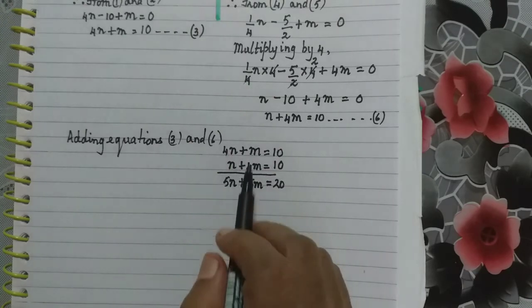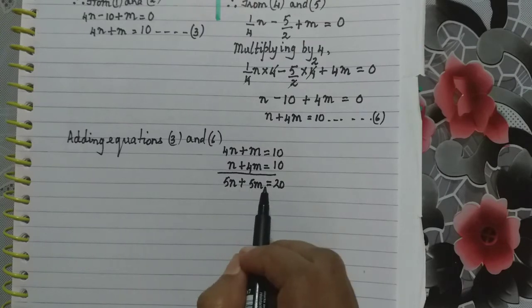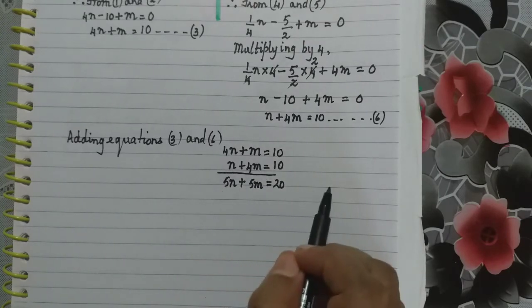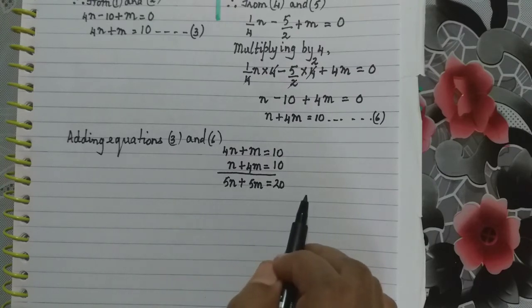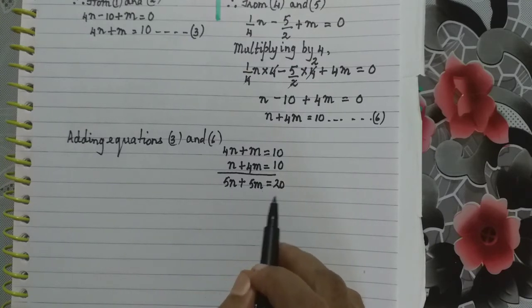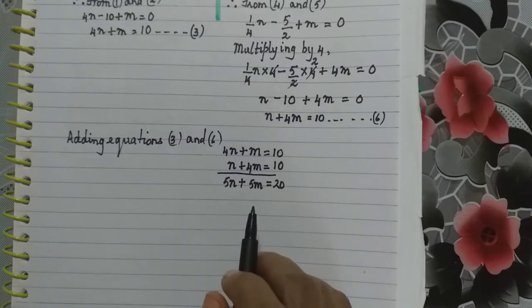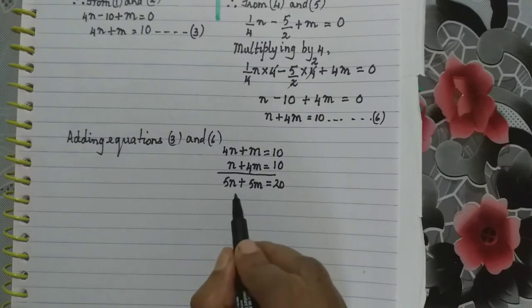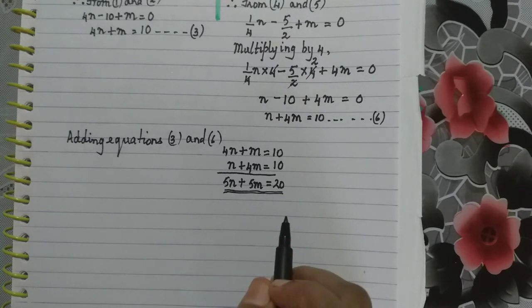Such that I get the coefficients of n and m the same, such that I can divide throughout and get the coefficients of both n and m as 1. See, now if I divide throughout by 5, what happens? This becomes 1n plus 1m is equal to 20 divided by 5 is 4. So the coefficients of n and m have become 1. Okay, so we got 5n plus 5m is equal to 20.